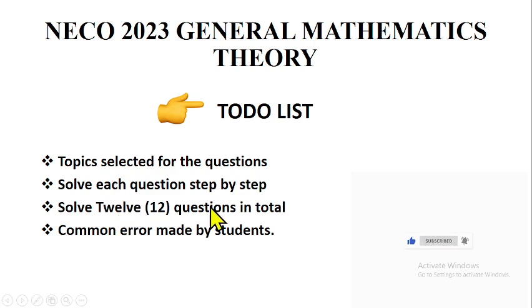But in this video, we are going to solve all the 12 questions, and we are going to tell you all the common errors made by the students in the course of solving the questions, in the course of doing the examination.